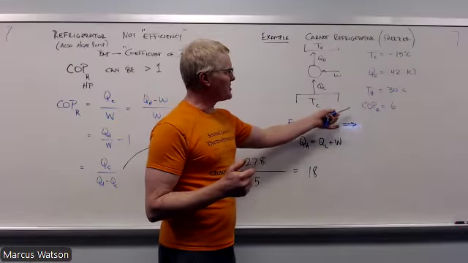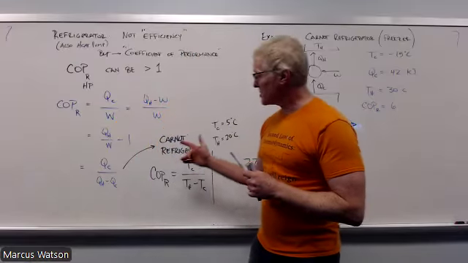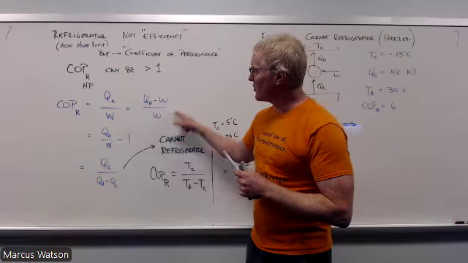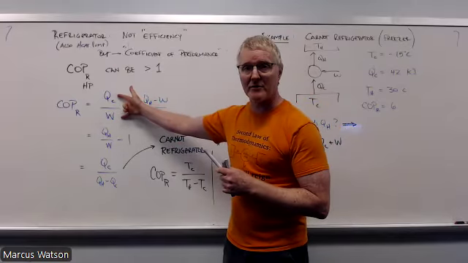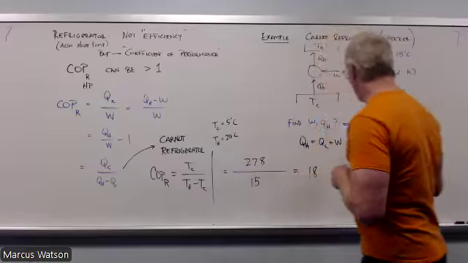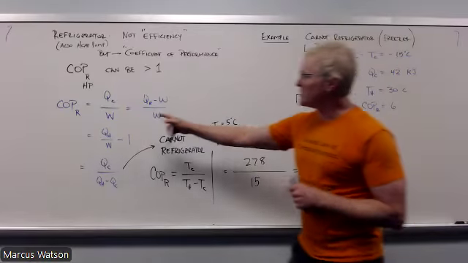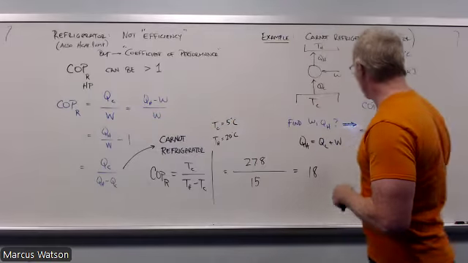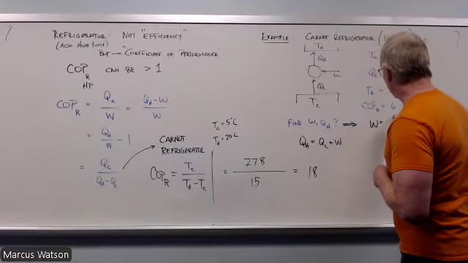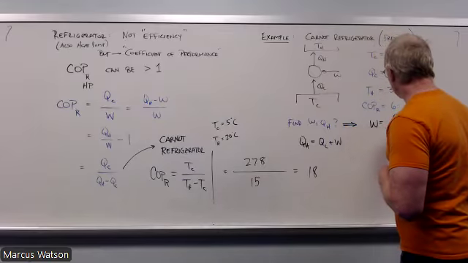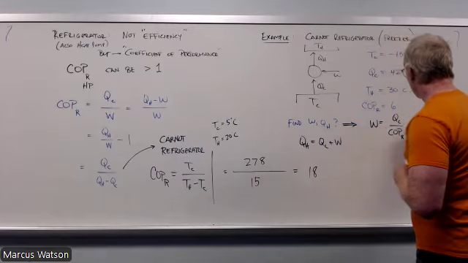What I can also do is use the coefficient of performance to try and determine what we have going on straight from here. I can rearrange the coefficient to find the work pretty quickly. I can write QC over the coefficient.